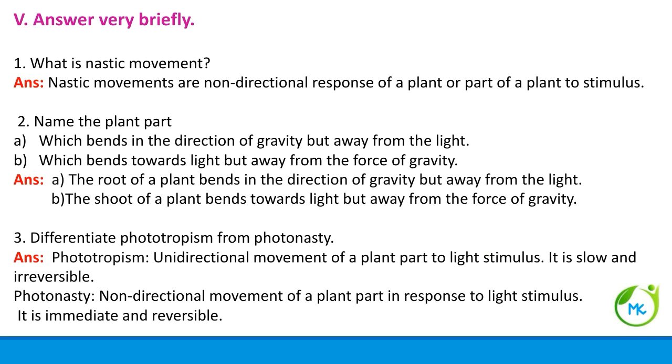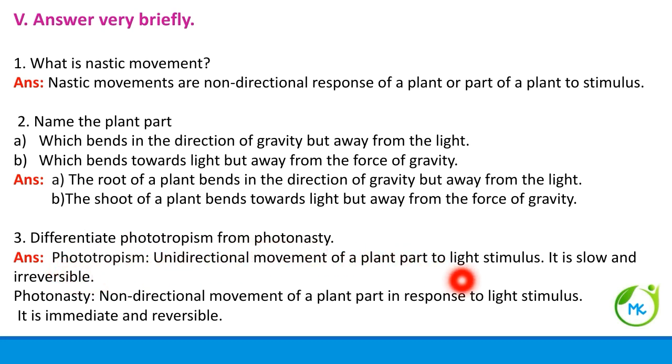The third answer, differentiate phototropism from photonasty. In the exam you can draw a tabular column with phototropism and photonasty and write the answer. First, phototropism. Tropism means unidirectional movement of a plant part. Photo, what is the stimulus?